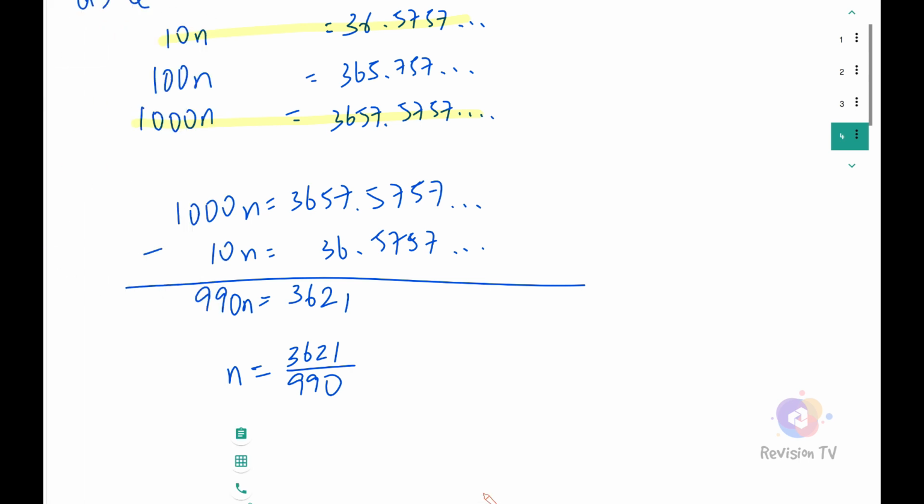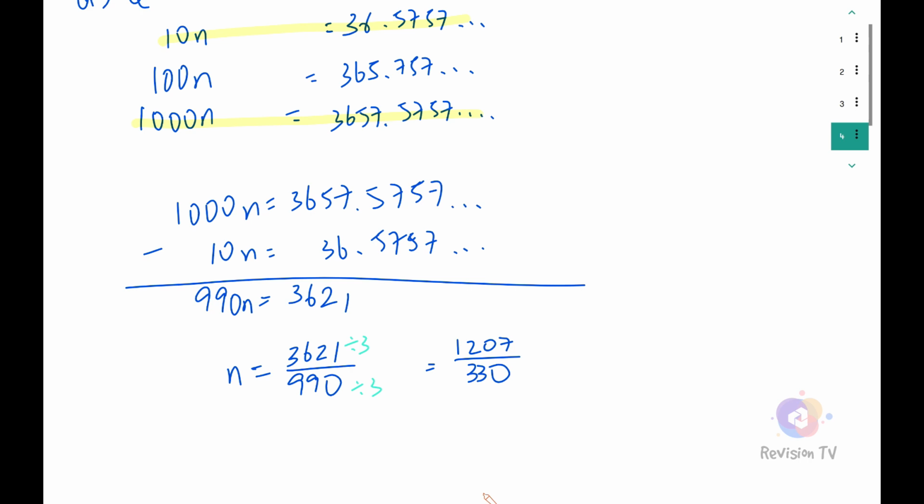So I can divide top and bottom by 3 to simplify it. 36 divided by 3 is 12, 21 divided by 3 is 7. Now, not 127, it is 1207 over 330.